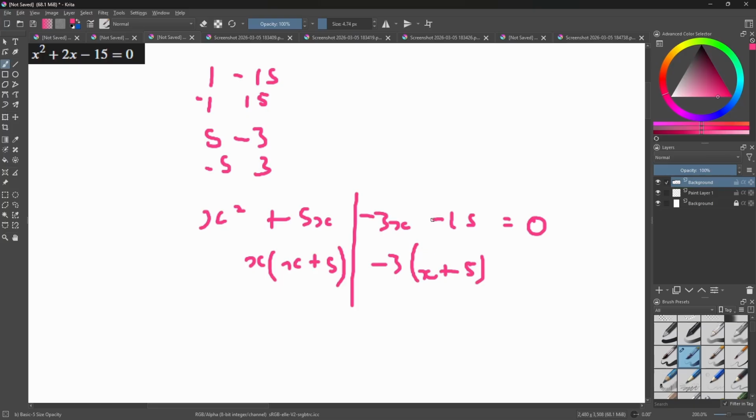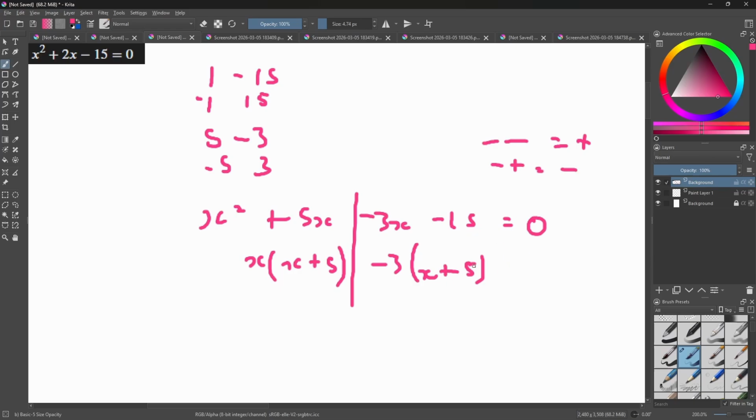Notice how these are both minus, so we can put minus 3 on the outside, then x plus 5 on the inside, because minus 3 times positive 5 is minus 15. Because a negative and a negative equals a positive, but a negative and a positive equals a negative.